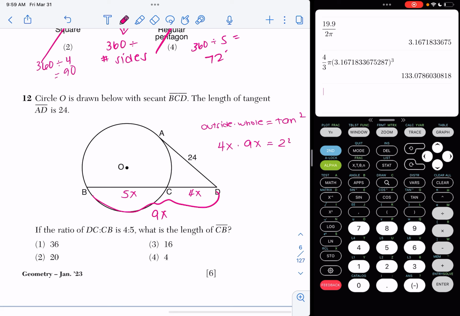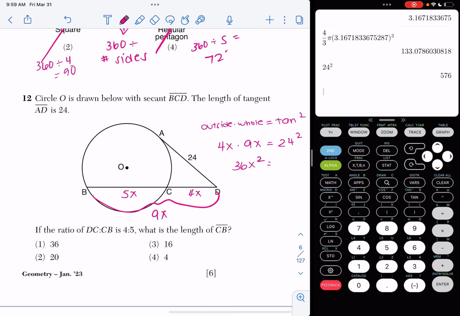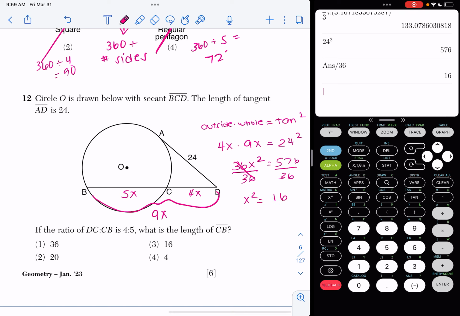And the tangent is 24 squared. All right, let's simplify this. 4 times 9 is 36. x times x is x squared. 24 squared is 576. Let's divide both sides by 36. I have x squared is 16 and x is 4.